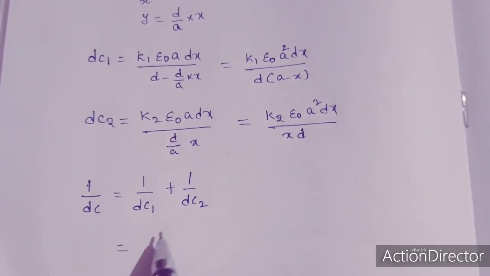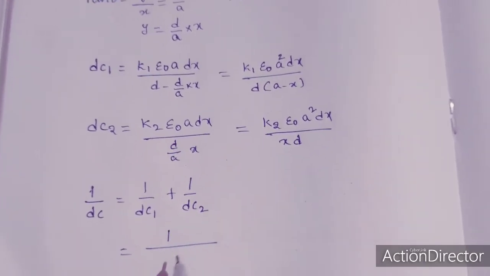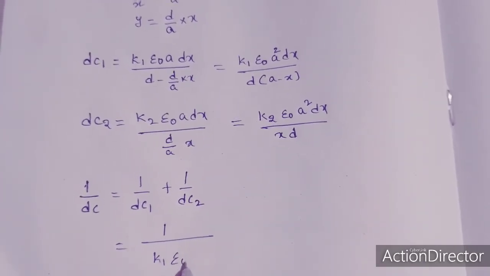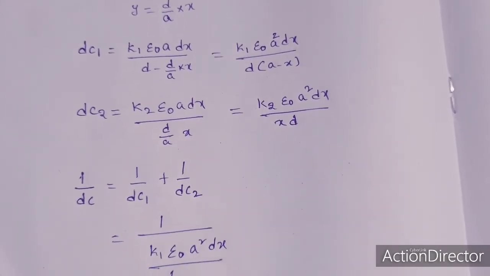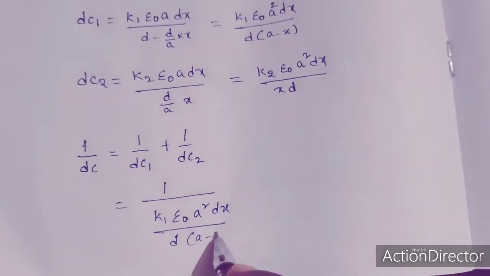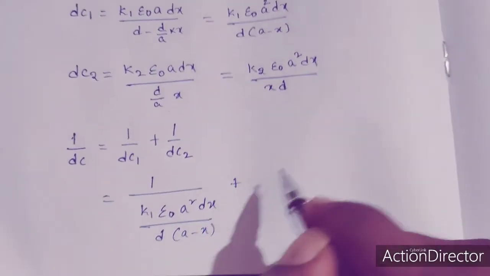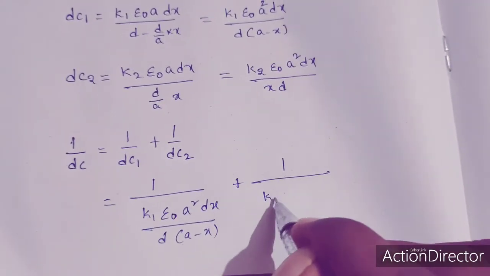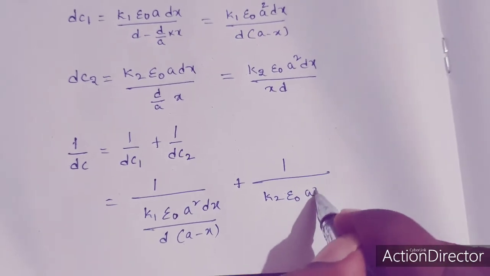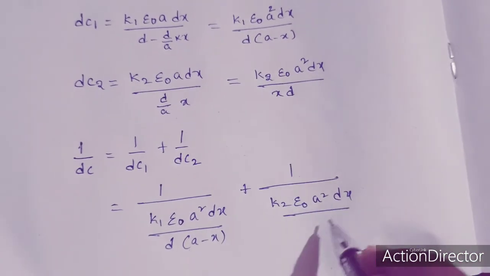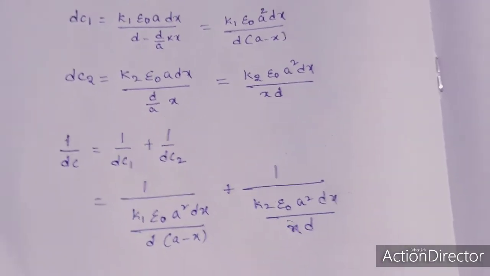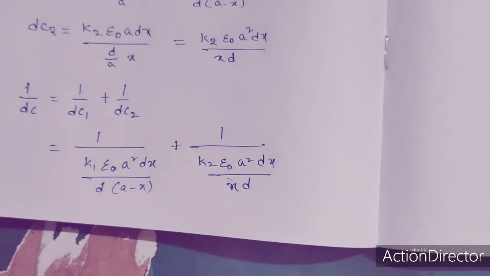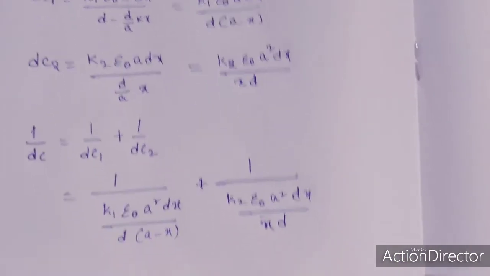First substitute the dC1 value: K1 epsilon naught A square dx divided by d of a minus x, plus 1 by K2 epsilon naught A square dx divided by xd. Now take common epsilon naught A square dx divided by d. So just observe here.